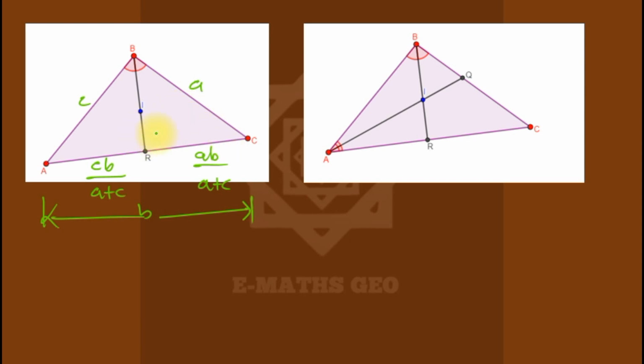So we've used the first diagram. So look at this, this is the actual. We see that BI over IR is now C over CB over A plus C.